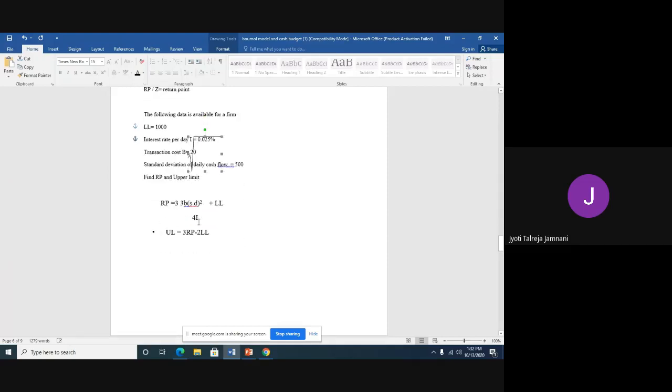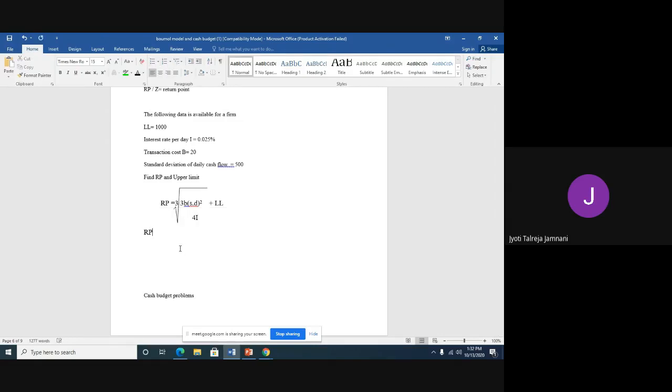So it is the cube root of 3b into standard deviation square divided by, so here there is a line for divided by, so I'll first solve it for RP.